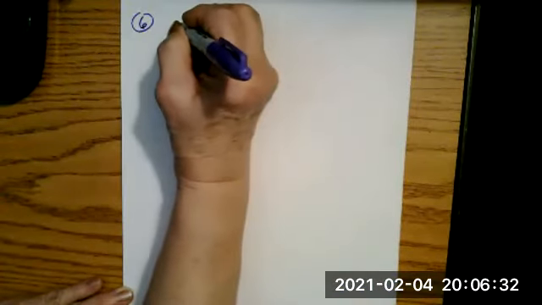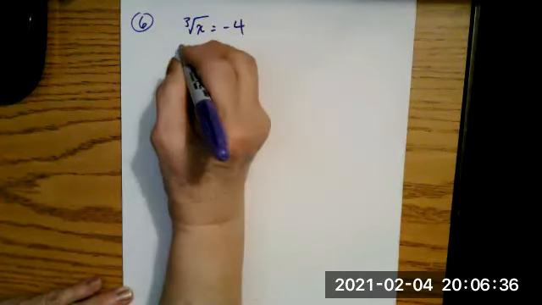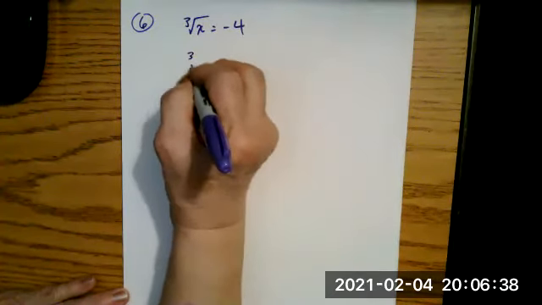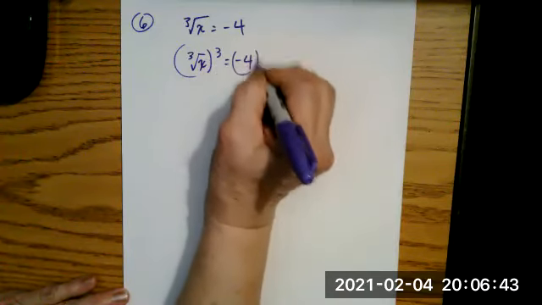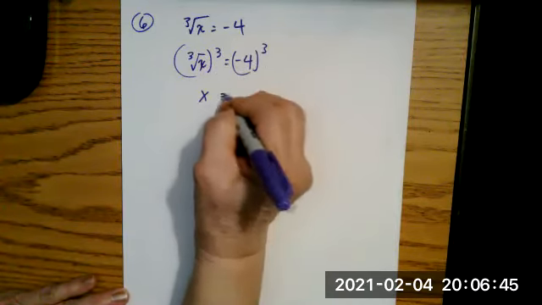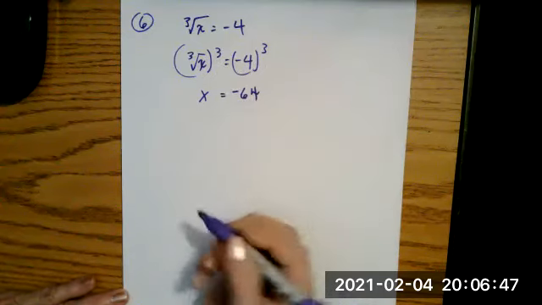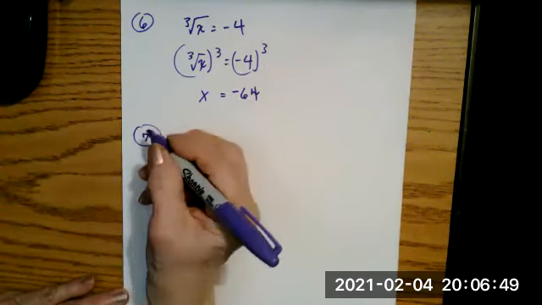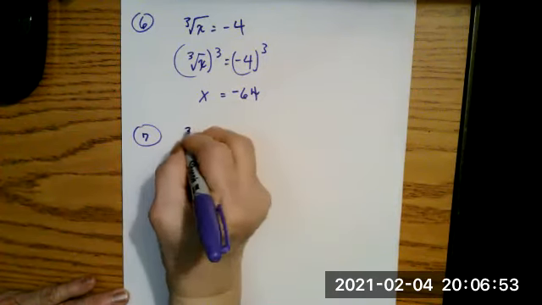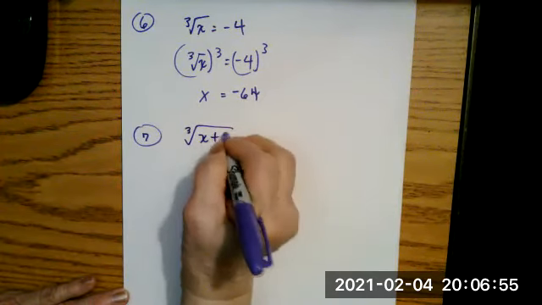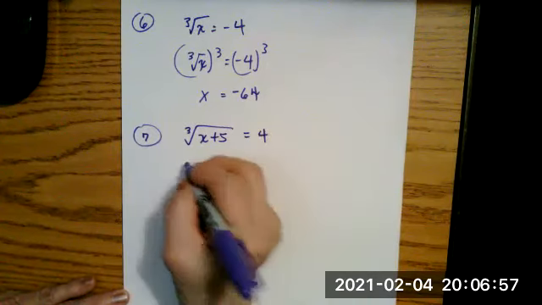Let's try number 6. Number 6 says the cubed root of x equals -4. We did this one earlier. You have to raise each side to the 3rd power. And you get x equals -64. And number 7, you have the cubed root of x plus 5 equals 4.